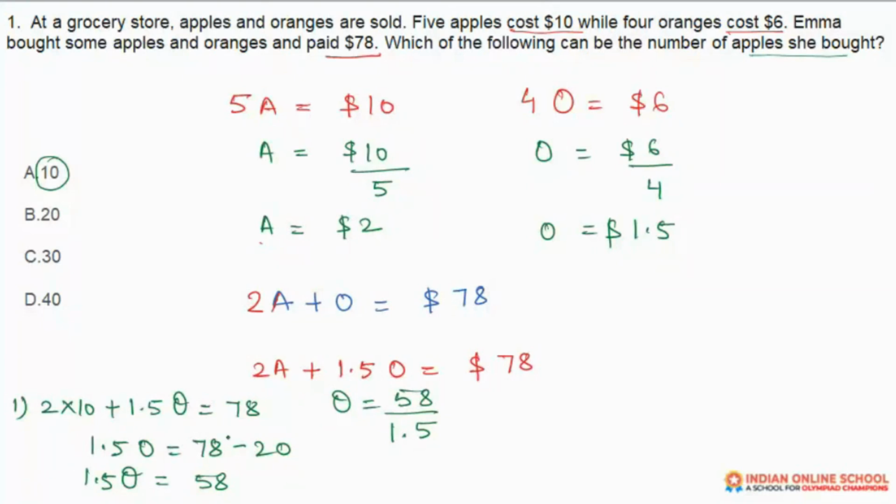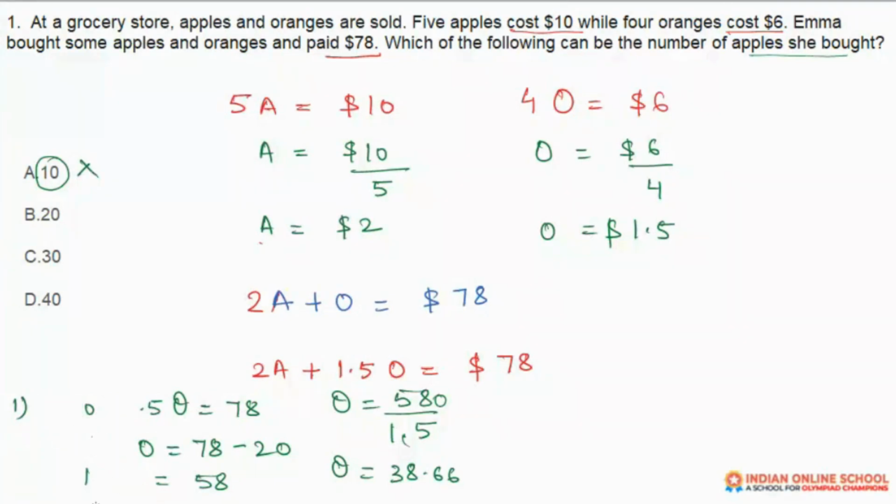We can cut out the decimal by putting the 0 over there, and when we solve it we get 38.67. The number of anything cannot be in decimal, so option A is definitely a wrong choice.